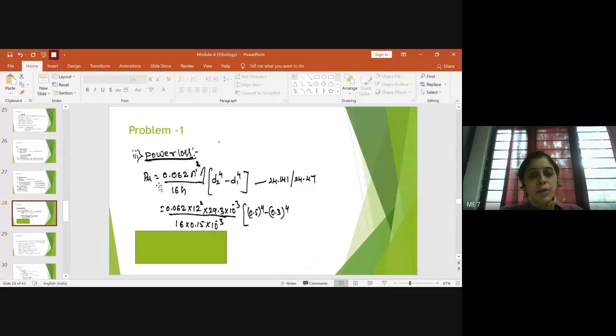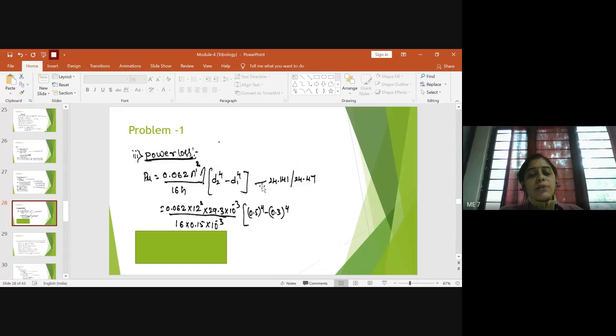P suffix mu represents the power loss due to friction. The equation is 0.062 into n dash squared into mu divided by 16h into d2 to the power of 4 minus d1 to the power of 4.